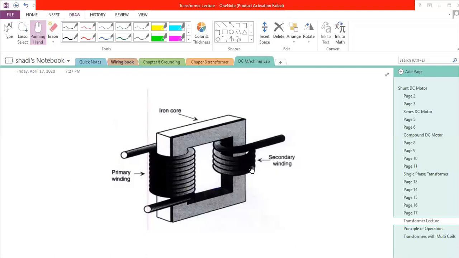Now, let's imagine that we have another story. We have 100 volt. Now, it is not a secondary anymore, if I can remove it. No, I cannot. Anyway, let's assume that this is the primary, and I connect the primary with 100 volt.